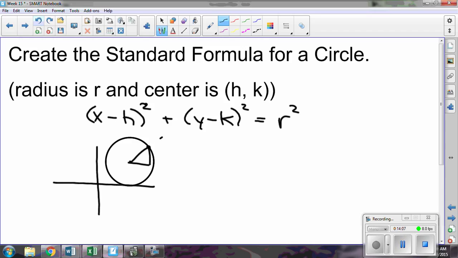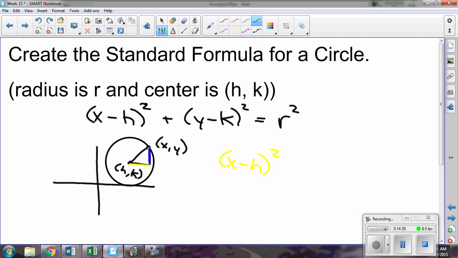This is the point (x, y), a point on the circle. The center is the point (h, k), and so applying the Pythagorean theorem once again, this leg is x minus h, so leg squared, plus the next leg squared in the blue.